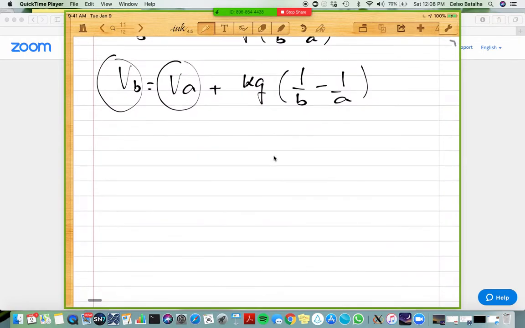Now we go outside the shell. The shell is right here, so we go to a point R right there, right?